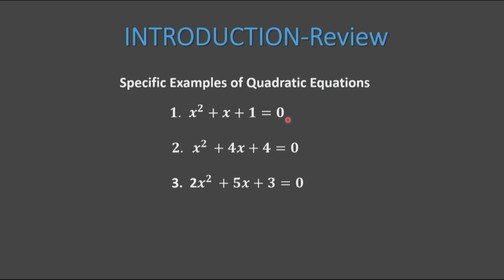Third, a is 2, b is 5, and c is 3. And the last one, you can have negative values: a is -3, b is -2, and c is 1. So all these are examples of quadratic equations.